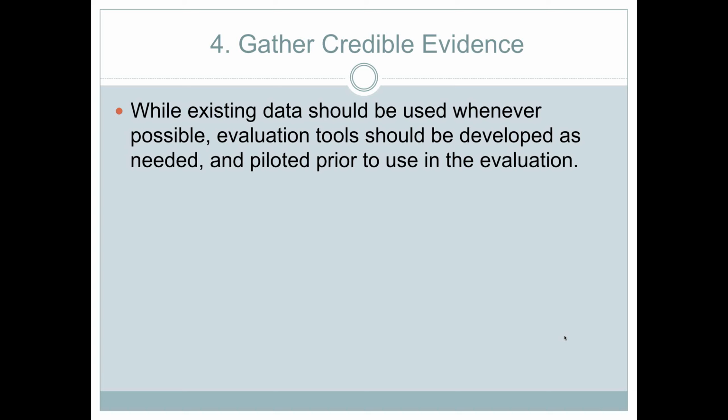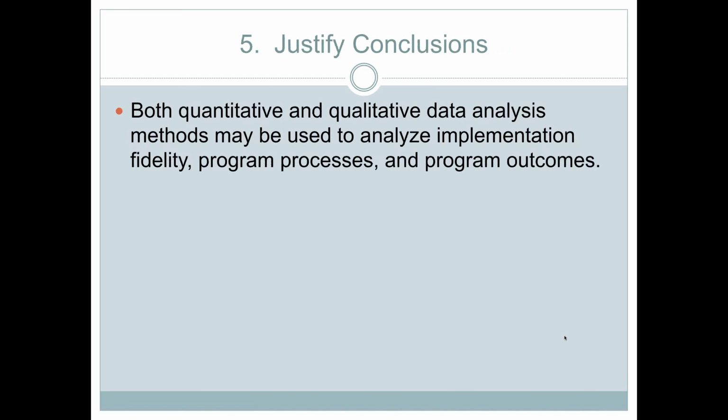So you want to take advantage of data that you can use to evaluate your program that may already exist, and then just design evaluation tools for those constructs which aren't measured in the existing data collection scheme.